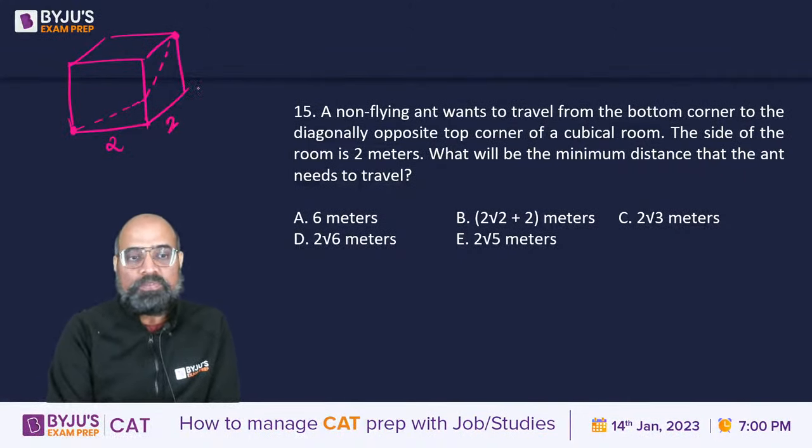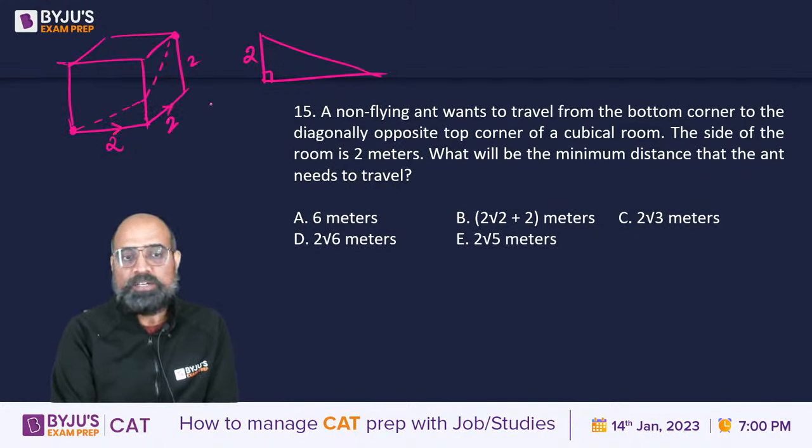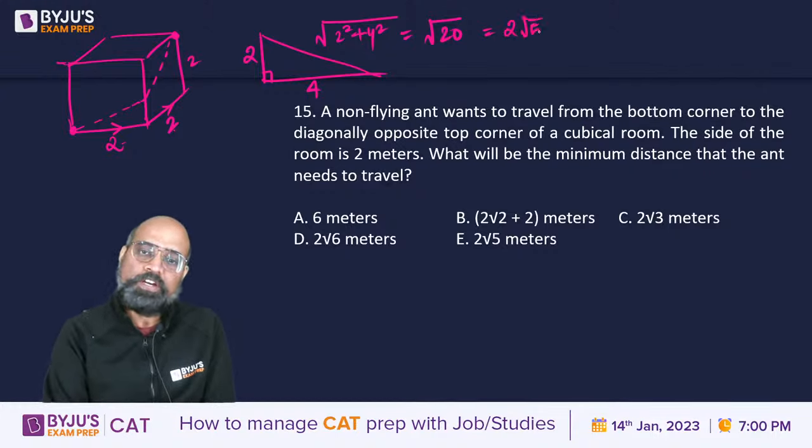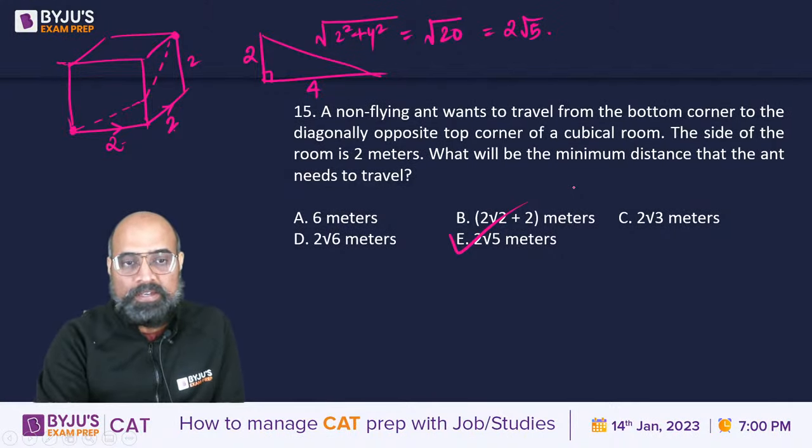So draw a right angle triangle. Vertically the ant was here, it moved above. So vertically it moved 2. Horizontally along the edge it moved 2 and 2, which is 4. So the hypotenuse is going to give you the shortest distance, right? So this is going to give you 2 under root 5. Okay.